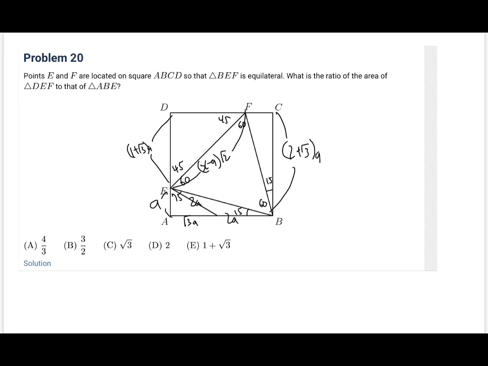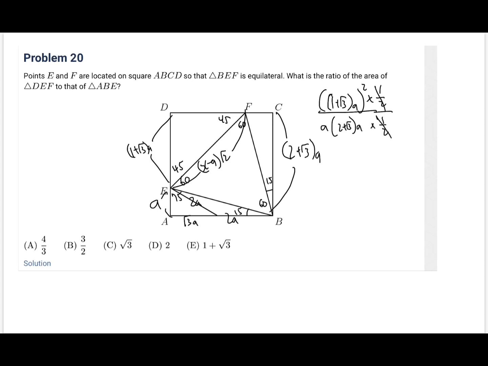So the ratio of the area of DEF to that of ABE is 1 plus root 3A, and this squared times 1/2 over ABE, right? So this is A times 2 plus root 3A times 1/2, right?